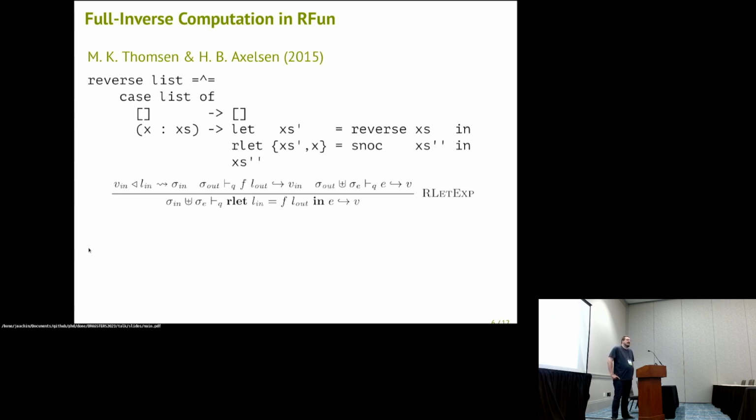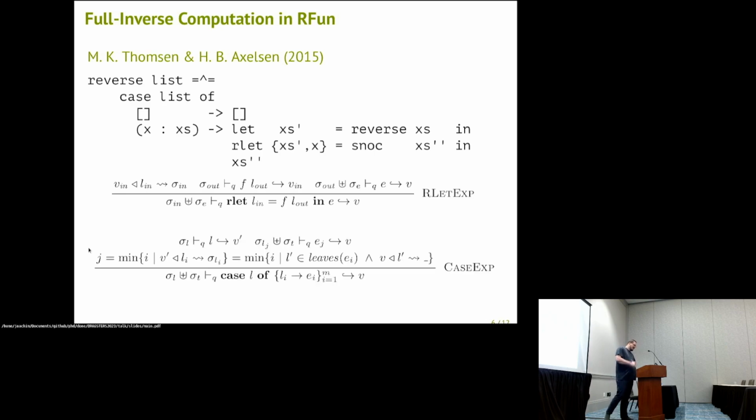But it turns out it's not, because the semantics of the case statement also become more complicated. How does the case statement become more complicated? Every time you make a choice, if you want to uncompute it, you have to know which choice you made. So the judgment rule for the case statement has been extended.